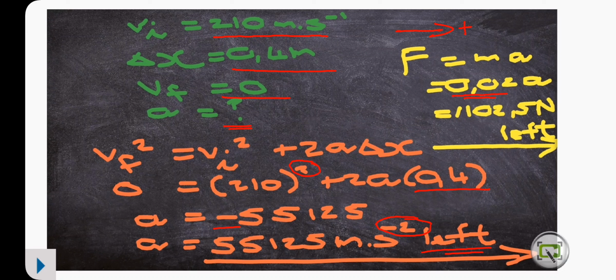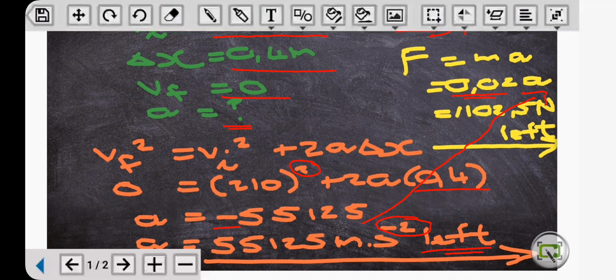Now we have the acceleration of the bullet. Once we multiply this acceleration that we've just calculated with the mass of the bullet, we are able to determine the force that the bullet exerts on the block. Because the acceleration was negative, it will make our force to be negative as well, and therefore it will be to the left.